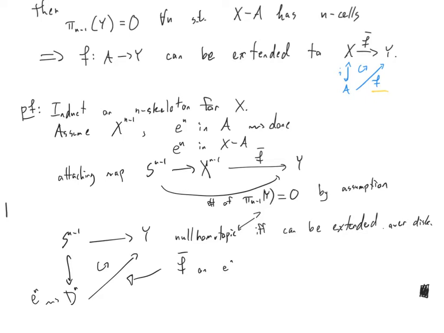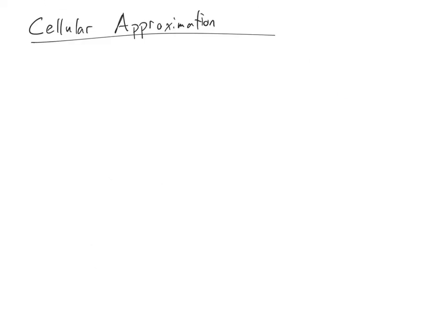So moving forward, let's talk about cellular approximation and cellular maps. Okay, so let's start by discussing what a cellular map is, reminding ourselves. So let's assume X and Y are CW complexes.